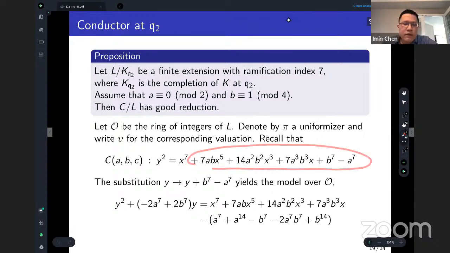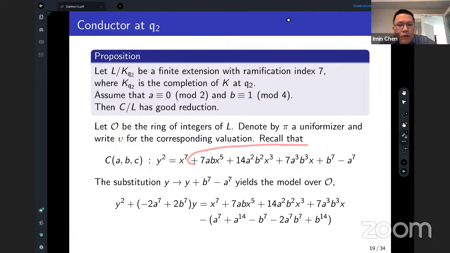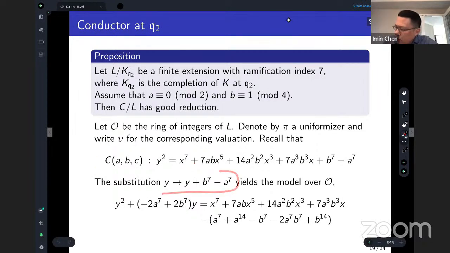You can think of this as a family of hyperelliptic curves in the parameters A, B, and C. We start with the initial model and make a translation so that the singular point at 2 is moved to the origin. We're working over a field which has ramification index 7 over the completion at the prime 2 of K.